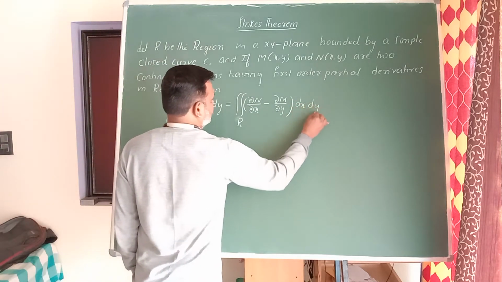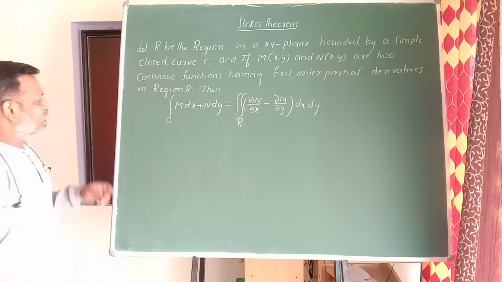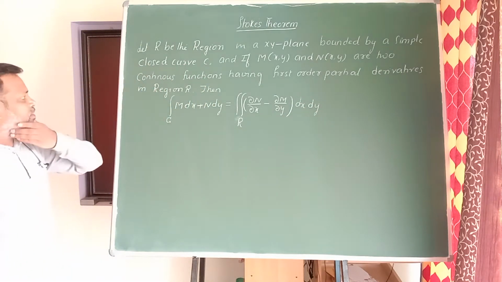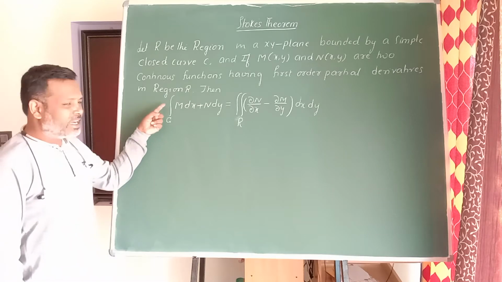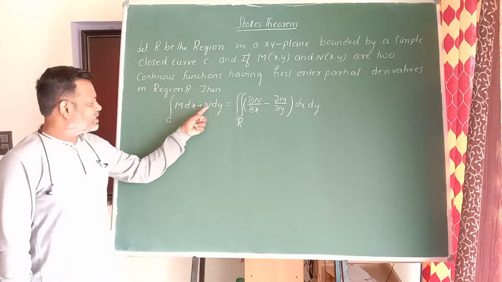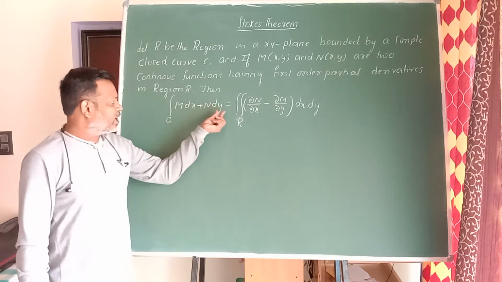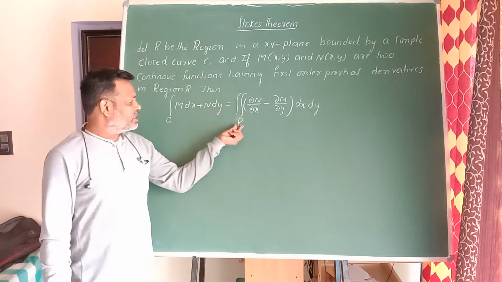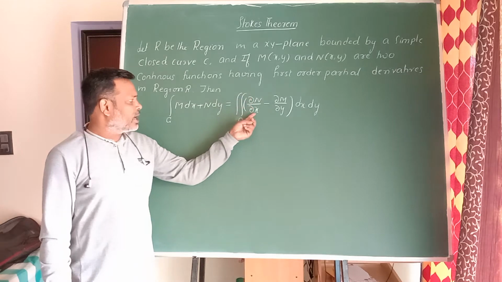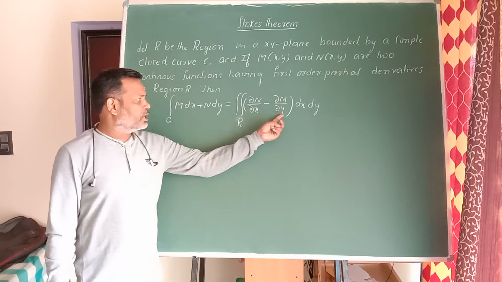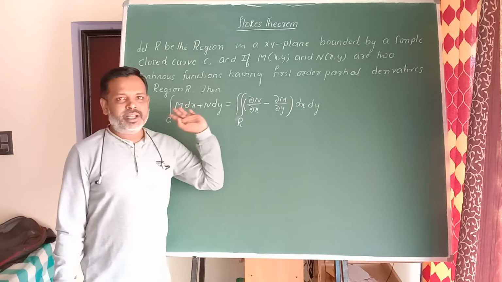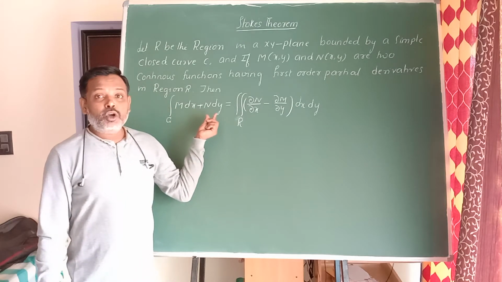This is the statement. So once again, the theorem says that the line integral of M dx plus N dy over a closed curve C is given by a double integral over the region R of dou N by dou x minus dou M by dou y into dx dy.